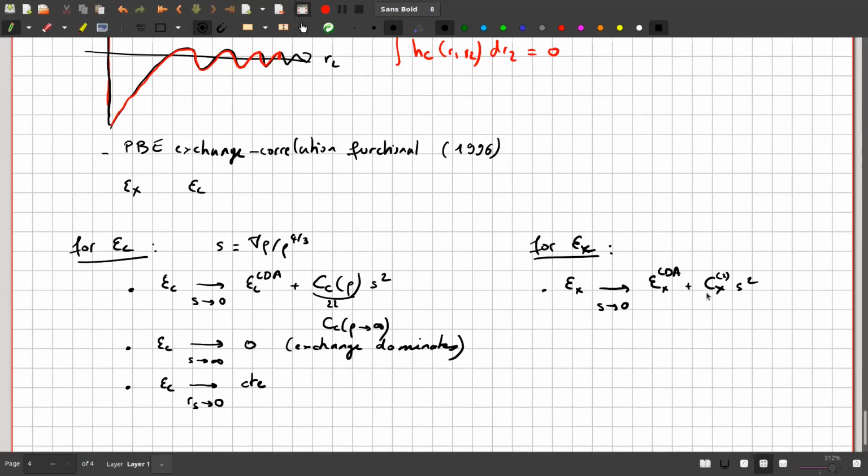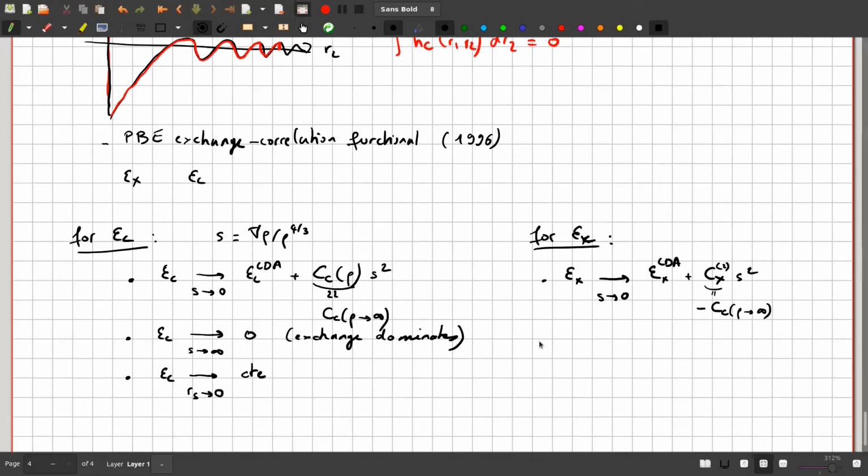But instead of using the exact Cx, they chose to have instead minus the coefficient that they took for correlation. And that is because in real systems, in many situations, you can find that the second order gradient expansion terms cancel between exchange and correlation.